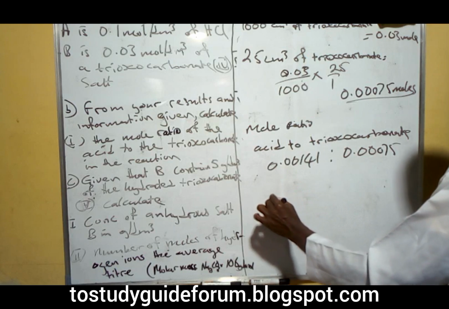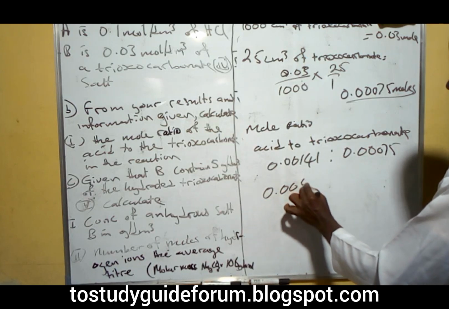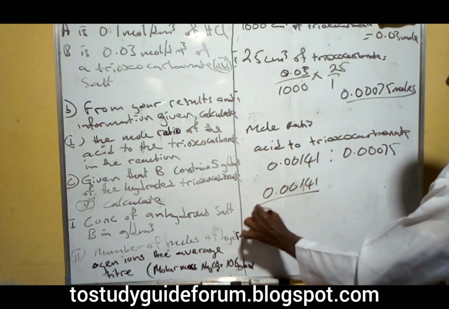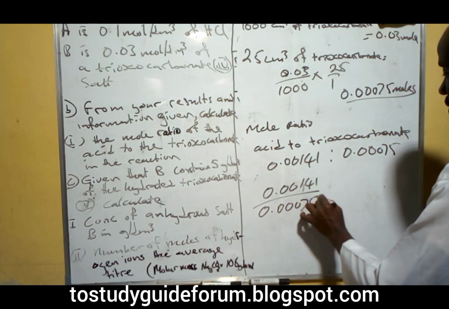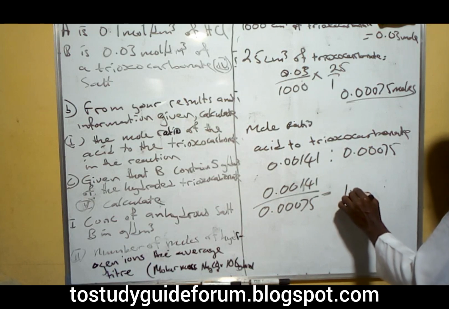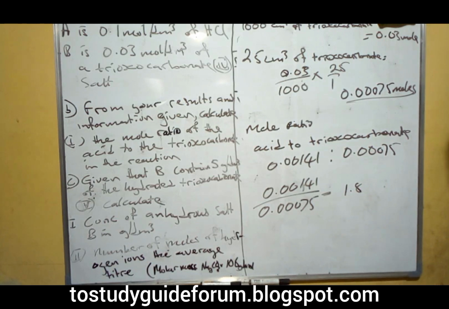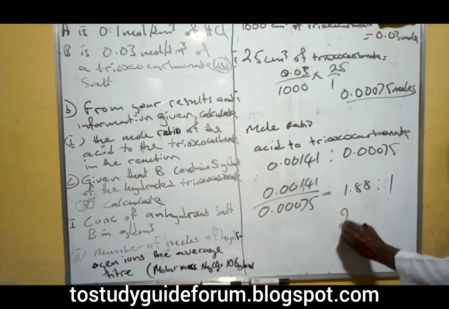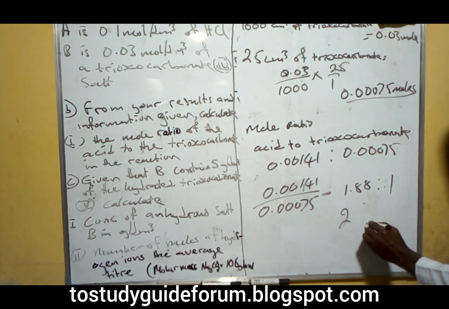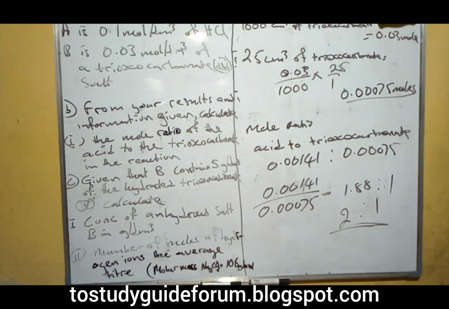So when we divide it over 0.00075, we have 1.88:1, approximately 2:1. That is what we have here.